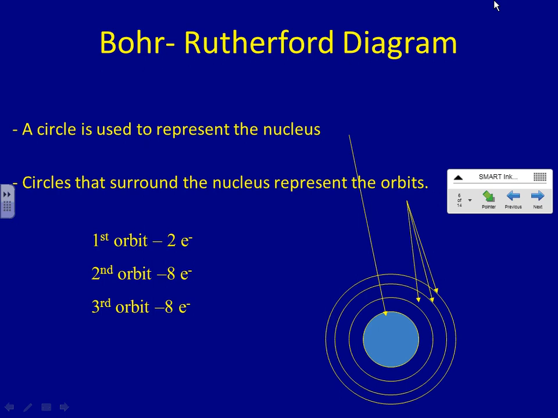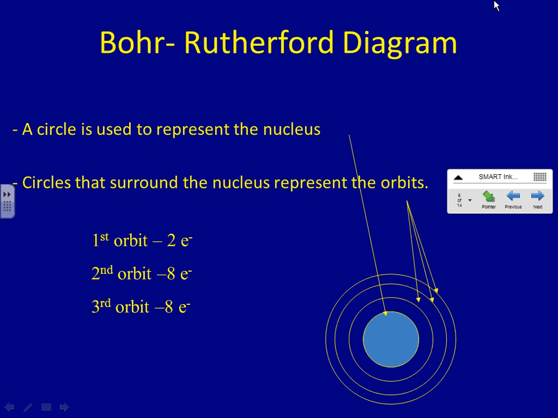When he did the mathematics, he came up with an equation that determined the radius of each of the orbits. He also came up with the equation that determined the number of electrons in the orbits. So the number of electrons in the orbits comes from mathematics. Same with the size of the orbits. And the radius of the orbits has some kind of constant number. Let's just call it K. And that constant number is multiplied by n squared, where n is the orbit number.